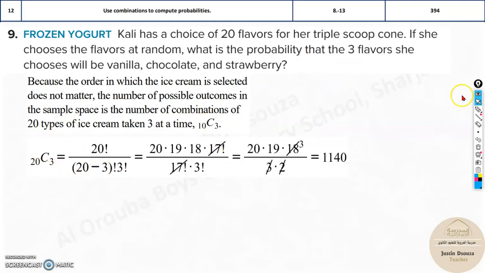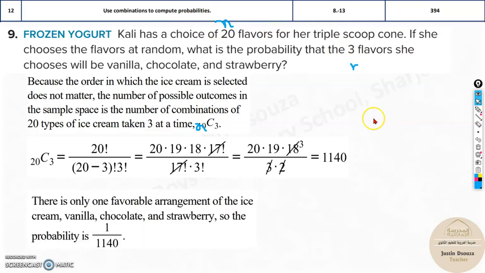Yes, it's 20C3, because n value is 20 and r is 3. What is the possibility that vanilla, chocolate, and strawberry will be in one single group? It's only one possibility. The total possibilities are 1140. We just put it in the calculator and divide 1 by it.